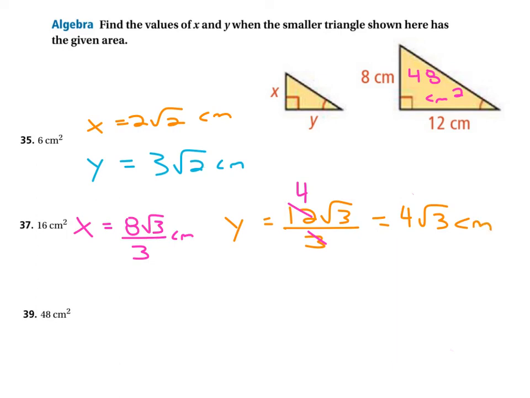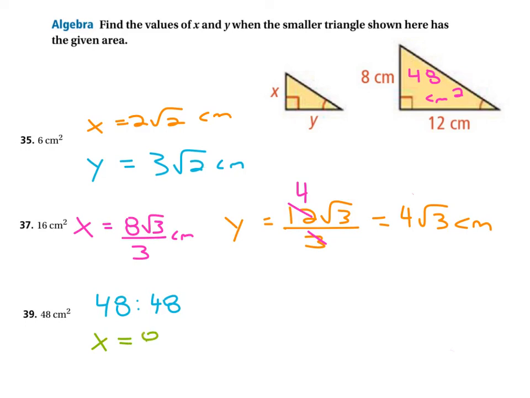And we're going to do that one more time for the last problem. We'll see that this one's actually a little bit easier, because notice what it says here, and this is to wrap it all up. If they give us an area for the smaller one of 48 and an area of the bigger one of 48, then there's a 1-to-1 ratio, which means they're not just similar, they are congruent.